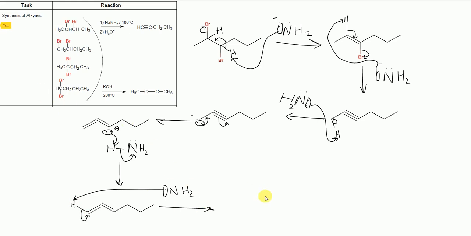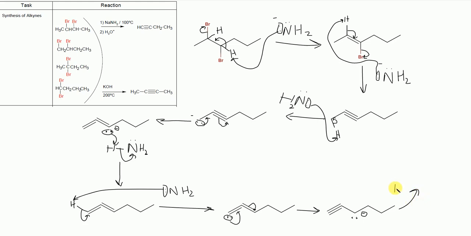So I'm going to copy this again, right? And then what happens is this is going to resonate in and this is going to resonate out again. So what we get, all right, let's look at it. This is what I get, and then the negative charge is going to be right here, okay? So I have a negative charge on this carbon over here, and this is going to do the same thing, right?